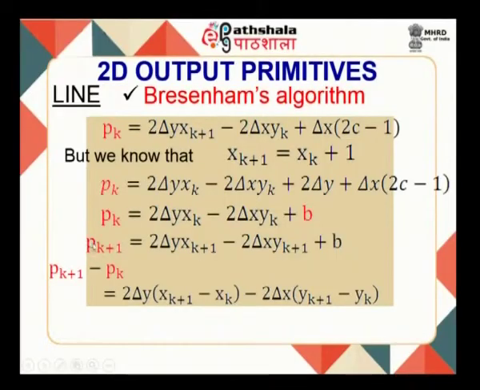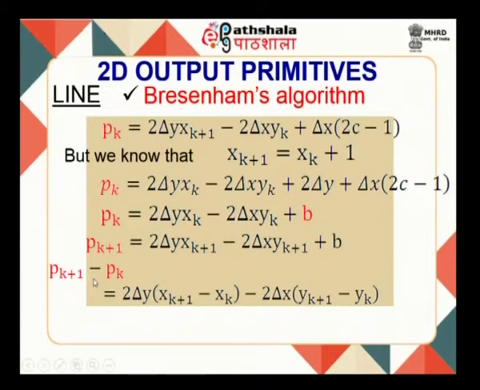So, what we are doing is taking the next decision parameter, with k plus 1 in the suffix, and wherever there is k in the previous equation, we replace it with k plus 1. Which is 2 delta y x k plus 1 minus 2 delta x y k plus 1 plus b.